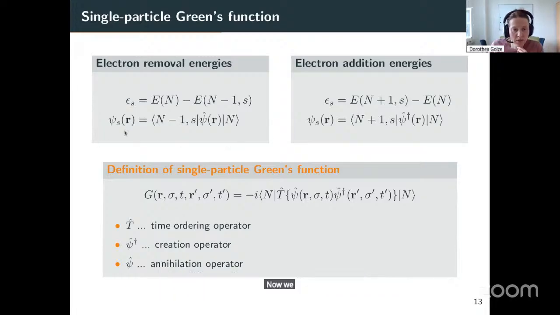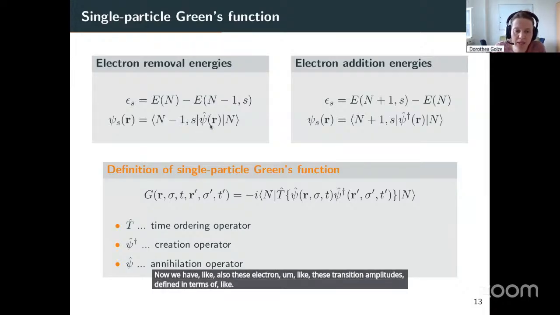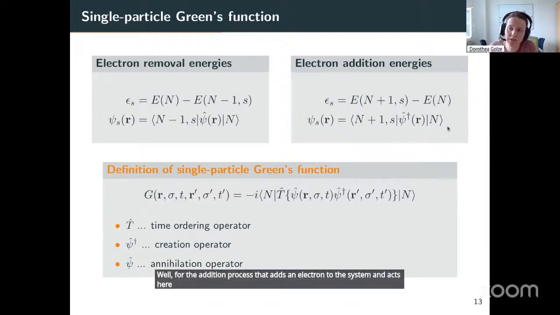Now we also have these transition amplitudes defined in terms of the annihilation operator, which removes an electron from the system, or for the addition process the creation operator that adds an electron to the system and acts on the many-body ground state.